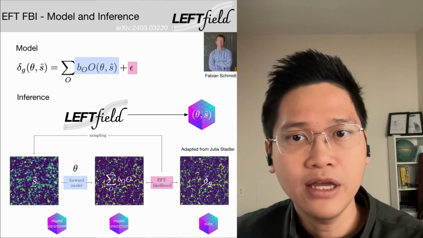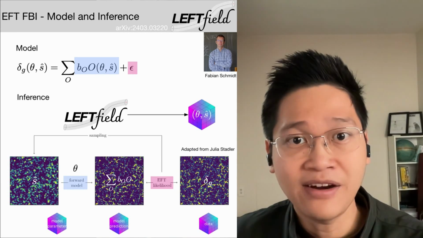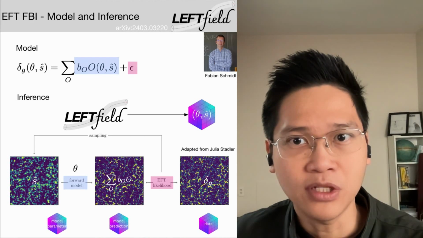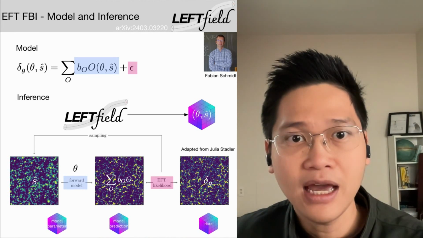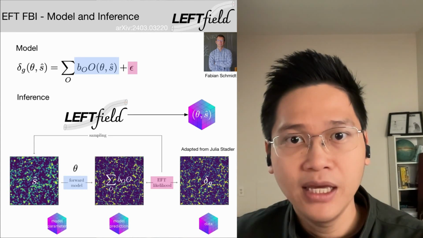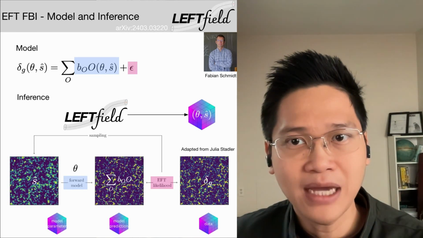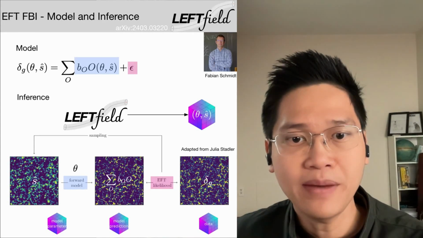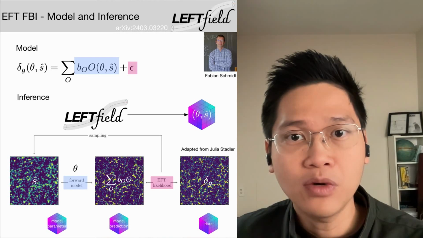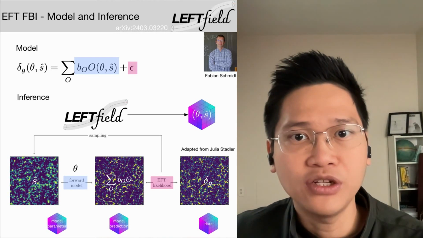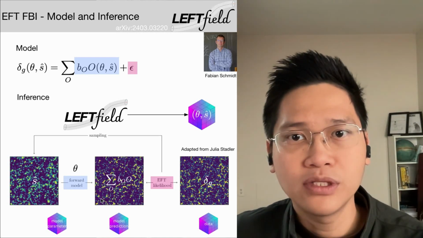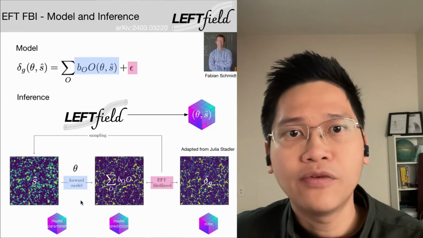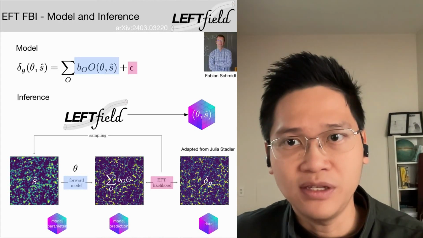The model and inference framework we use is the Lagrangian EFT-based forward model of cosmological fields, aka LEFTfield, developed by the LEFTfield group. Here, the group is represented by the EFT FBI team with two members, Fabian Schmidt and myself. The LEFTfield forward model starts from Gaussian initial conditions and follows the gravitational evolution forwards with Lagrangian perturbation theory.